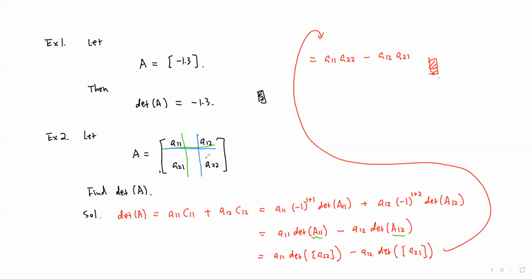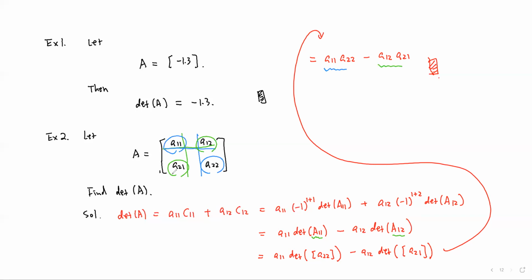So for a 2 by 2 matrix determinant, the formula is a11 times a22, this is the product of the main diagonal entries, minus a21 times a12, this is the product of the anti-diagonal entries.